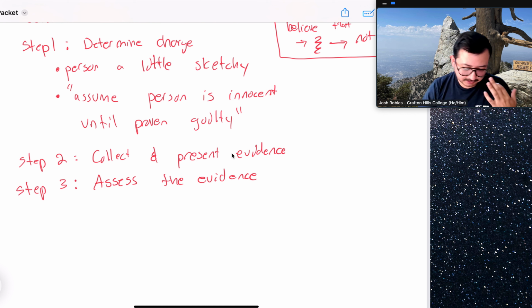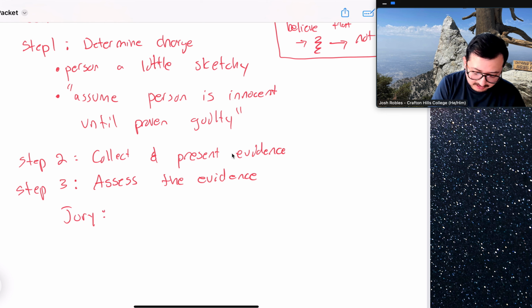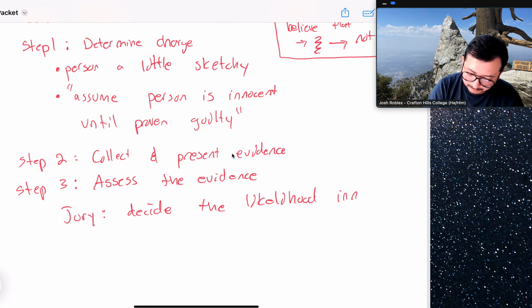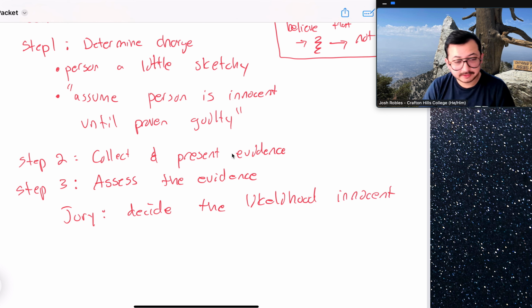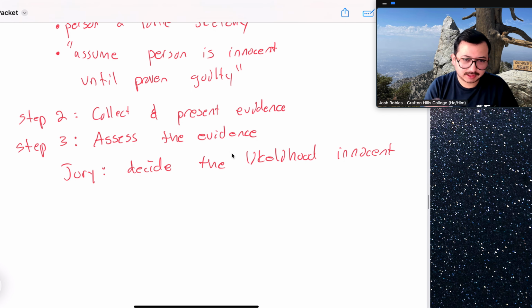So a jury takes that evidence, and they kind of decide the likelihood that the person is innocent. Because you're supposed to believe that they're innocent until you see so much evidence that you don't think they're innocent anymore. And whether these work like they're supposed to is totally not the point of this type of discussion.